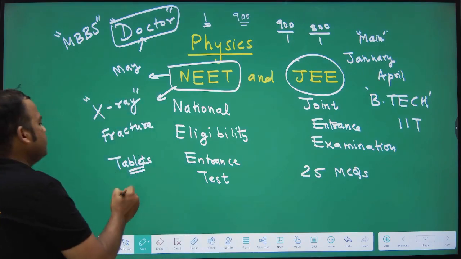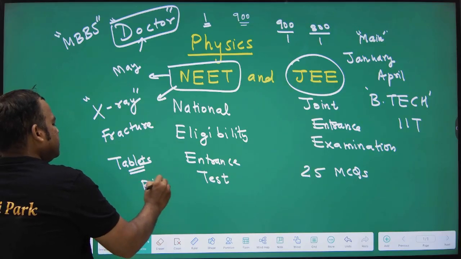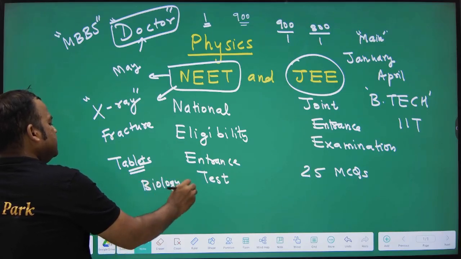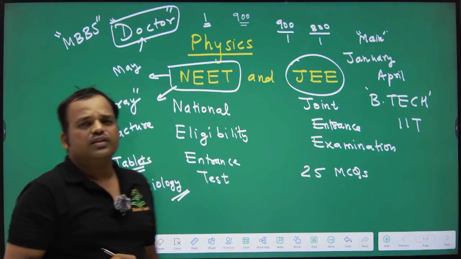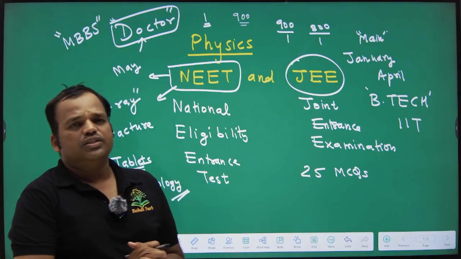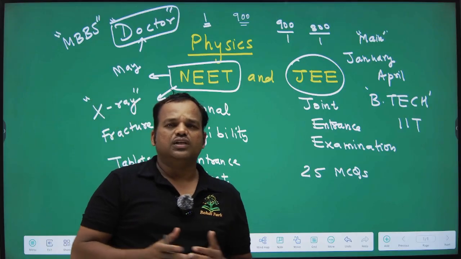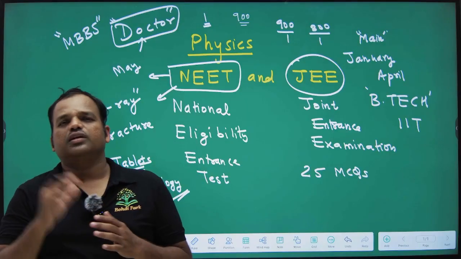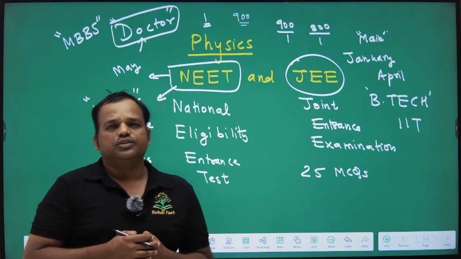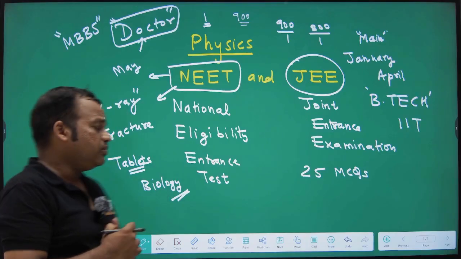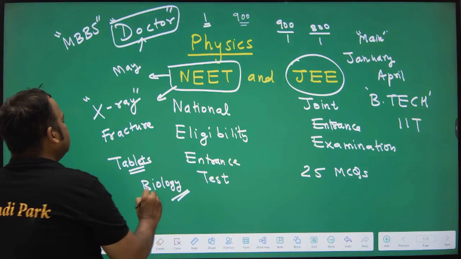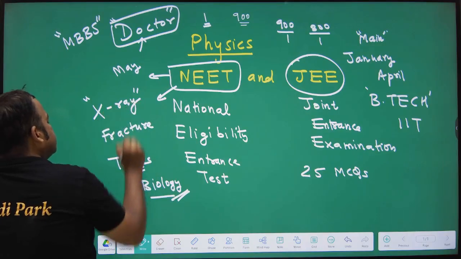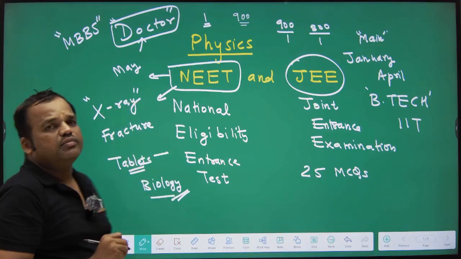And then definitely the concept of biology is needed, because the human body is full of biological activities: how the brain works, how blood is flowing, how the heart is supplying blood to the whole body, how tissues are working. So the concepts of biology, physics, and chemistry are there.